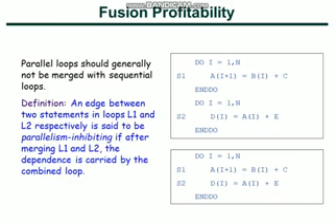And there, after fusing, this loop is having a loop carried dependence. So now this loop cannot be parallelized. Earlier both of these loops were parallelizable, and after fusing, due to this dependence, it is not parallelizable. It means that here the fusion, although it is safe, is not profitable. So this is all about loop fusion.